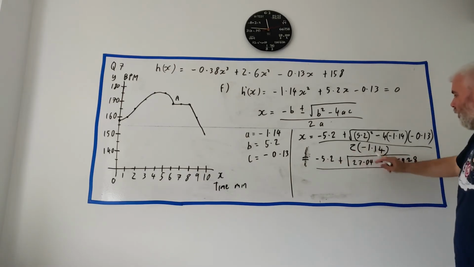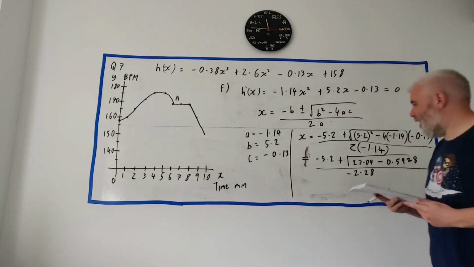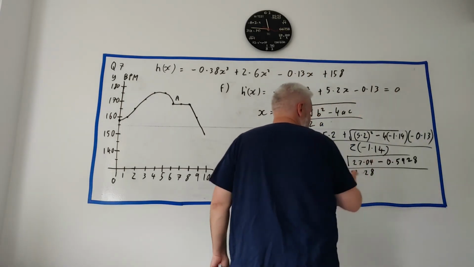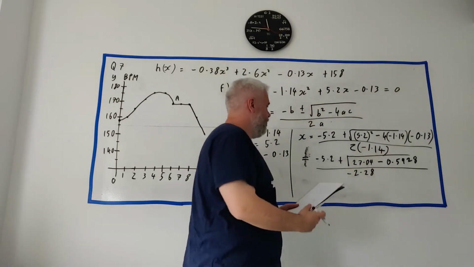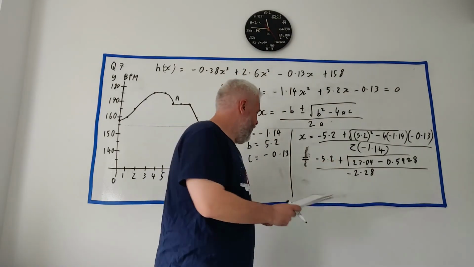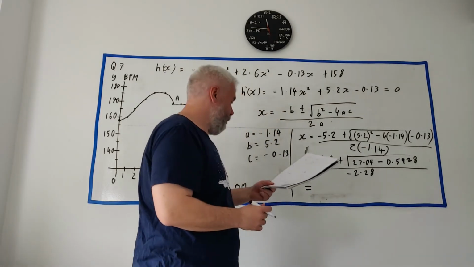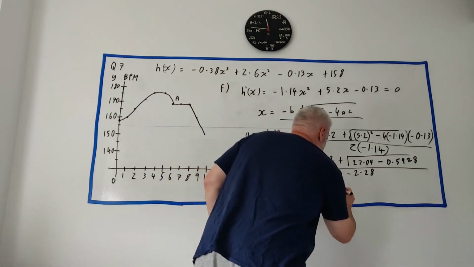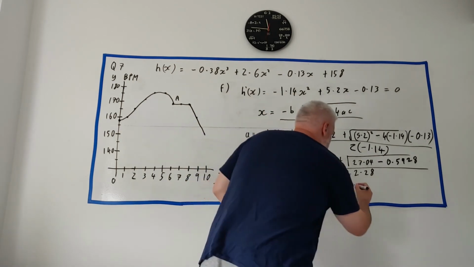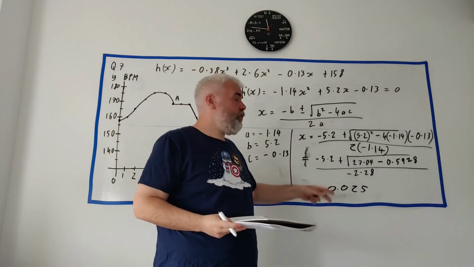All of this is over minus 2.28. Again, put this into a calculator, get the square root of it, add or take minus 5.2 away, and go down as slowly or as fast as you feel comfortable with. You should get an answer of 0.025.